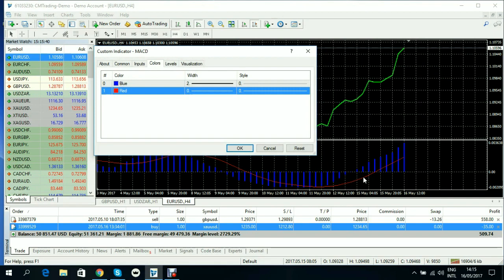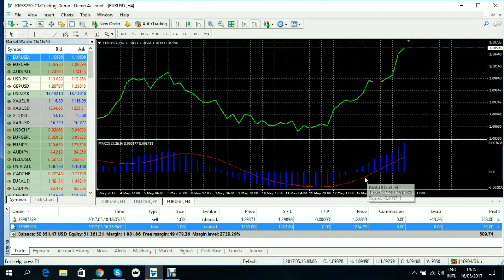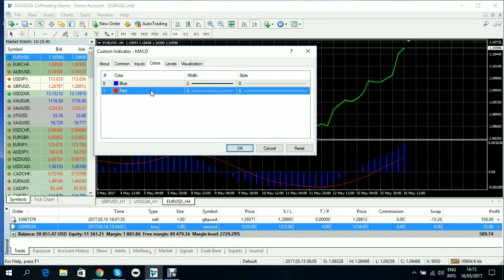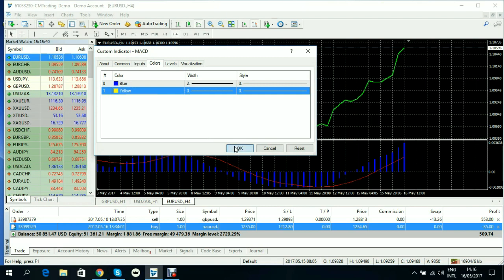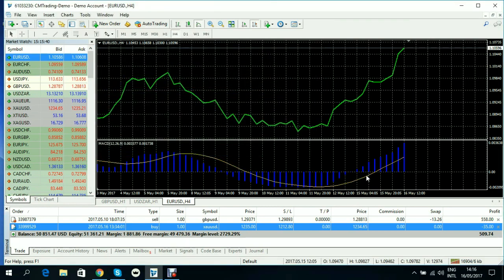If you want to change the signal color, you double click on the signal color, click the drop down button, and then maybe say yellow. Okay, and there you go.